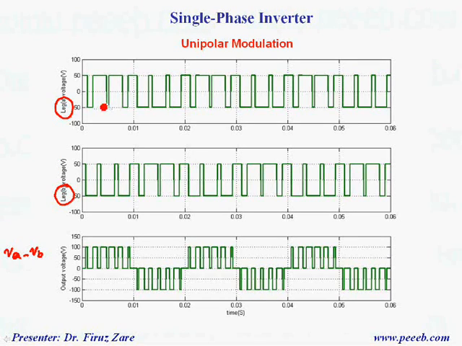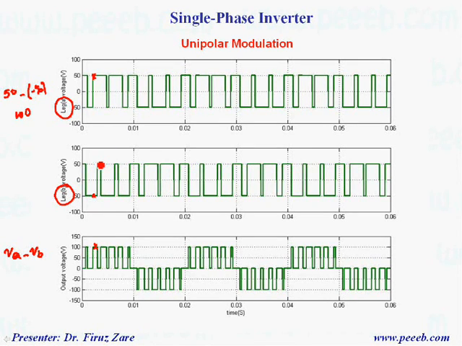So we can look at the output voltage. For example, when leg A has 50 volts, here leg B has minus 50. Here again we can see that the output voltage is 100, which is basically here.